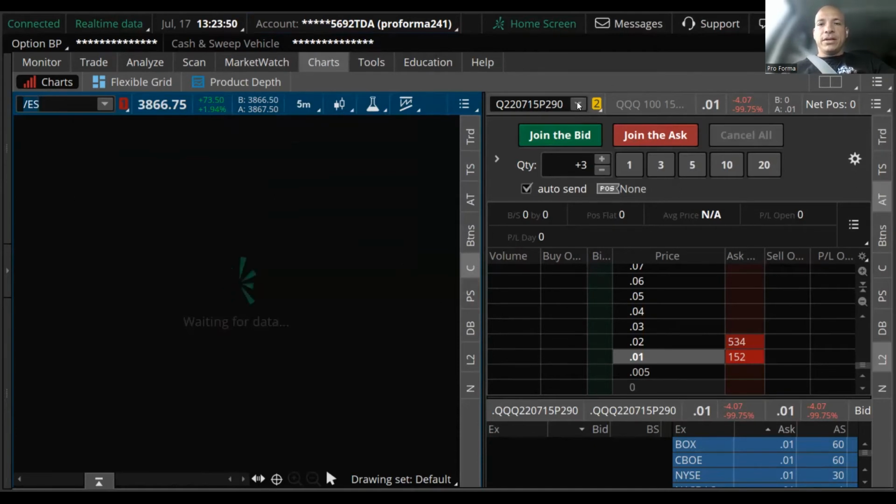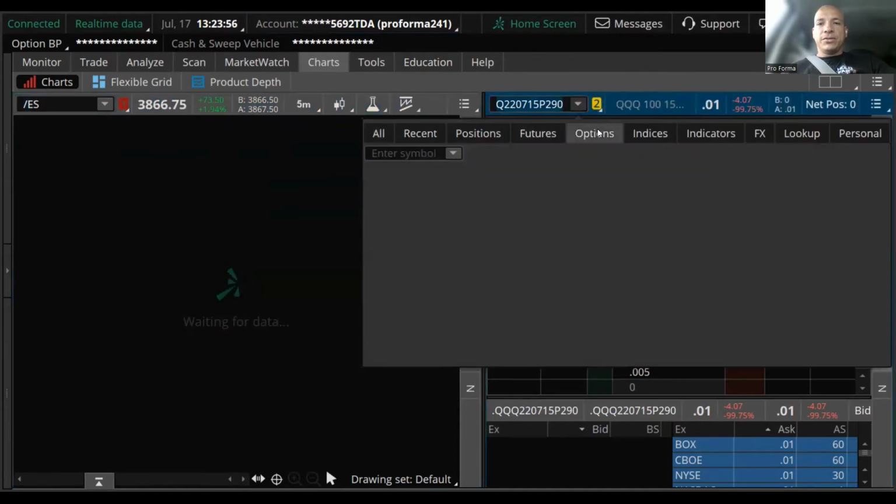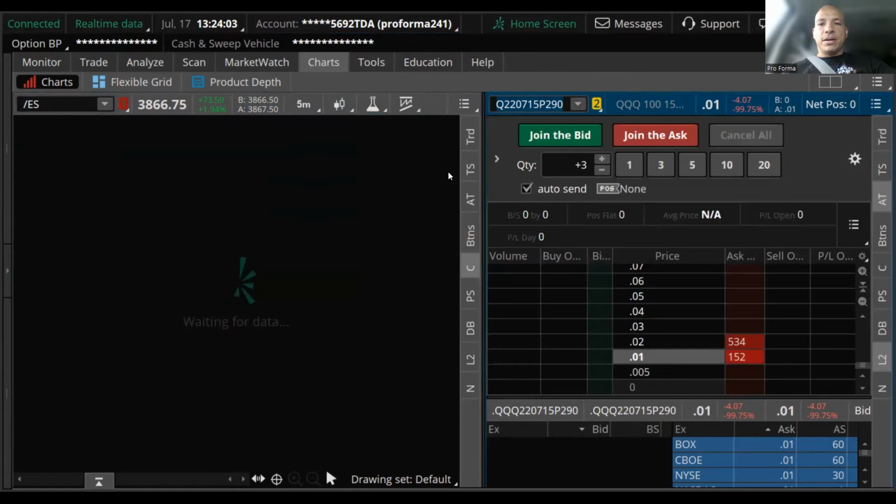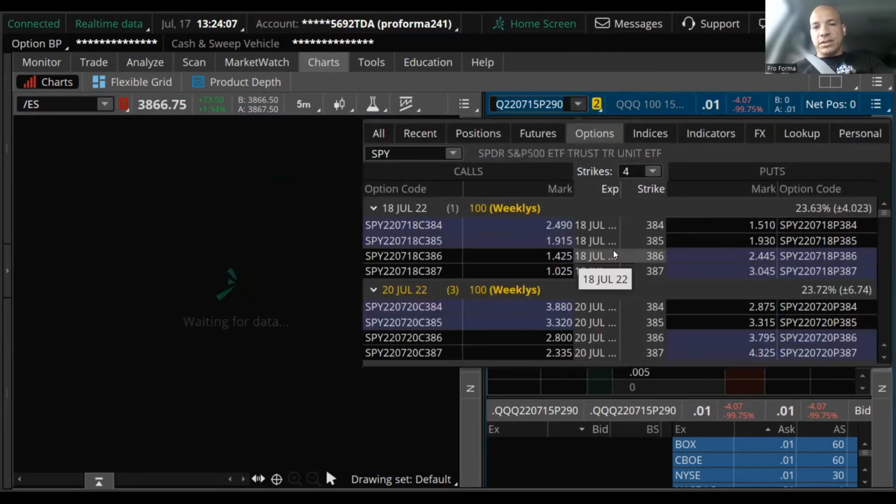Okay, so as you can see here, this is where I go in, I choose options, and I'm going to choose the SPY, and the SPY shows up. I'm going to choose it, and it's going to give me these decisions. There's an 18th July, 20th July. What this means is that you can rent one contract right here showing 1.42.